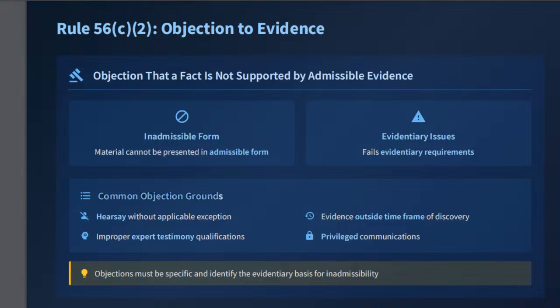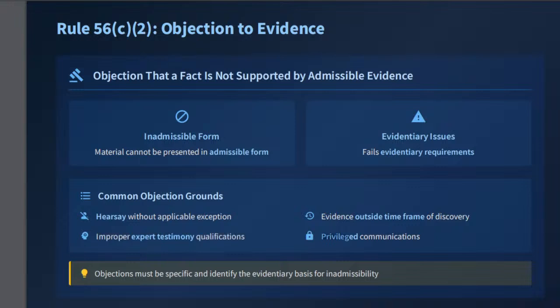Then there are the common objection grounds. There's hearsay without an applicable exception. There's evidence outside the time frame of discovery. Of course, we've read that one. Improper expert testimony qualifications, which could be a difficult one, but it is an objection on common grounds here.